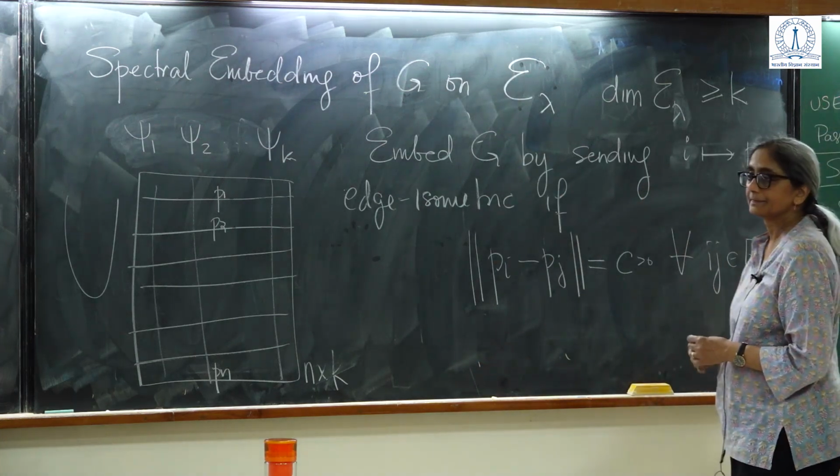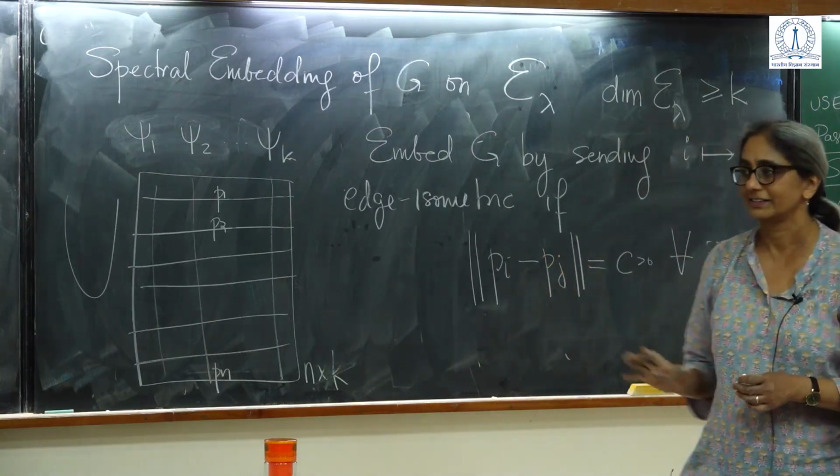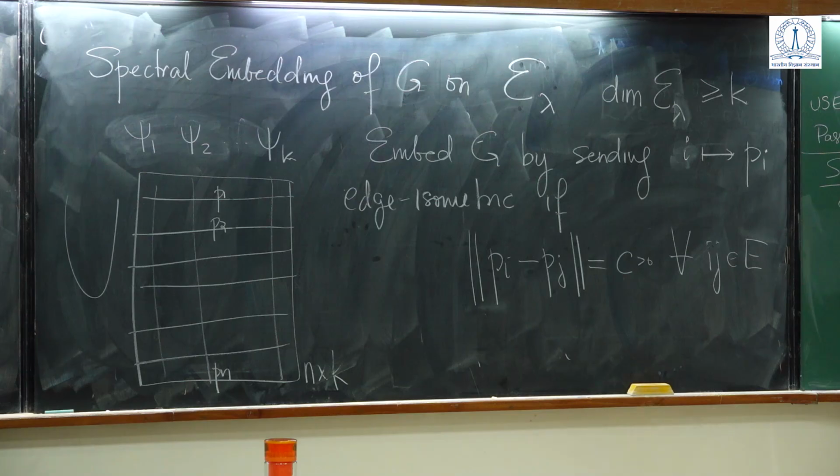That's also free. Yes. Lots of freedom. Agreed. We are embedding in a k-dimensional space. So it could be we chose only 2 eigenvectors. It could be we chose the maximal number of eigenvectors. Yeah, lots of freedom. Okay, this is spectral embedding. Edge isometric is clear? All right.